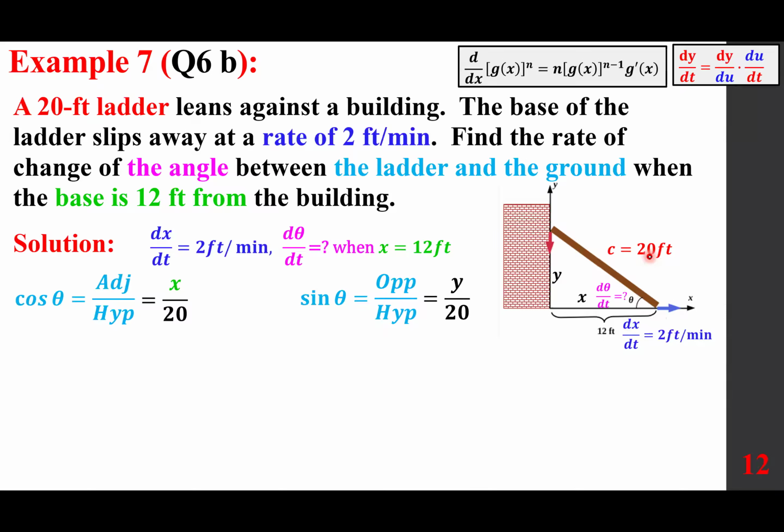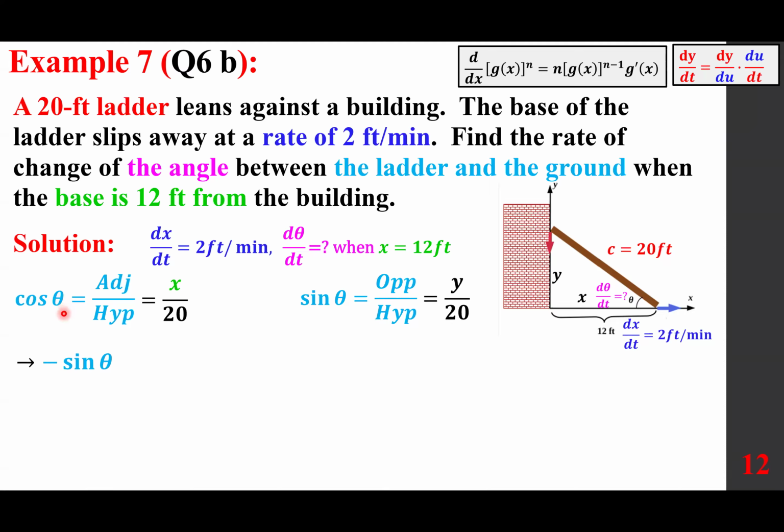Now, we can use any of them you want. We also have y from the previous page, but always use what's given. X is given, so use this one. Why is that? Maybe we made a mistake when we calculated y, so don't take a chance. Always use the given. Having said that, we are going to differentiate this, and to do so, I'm going to say cosine theta, the derivative is negative sine theta.